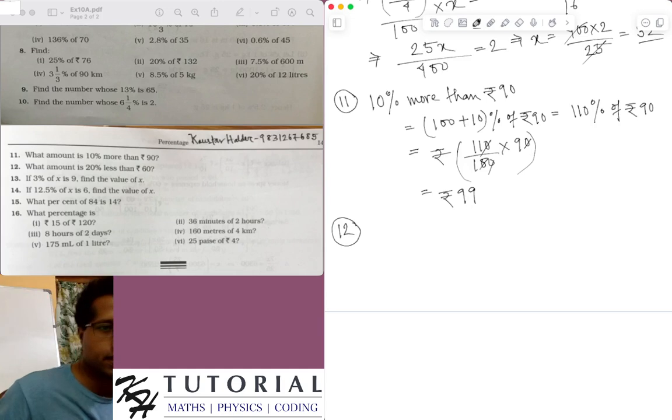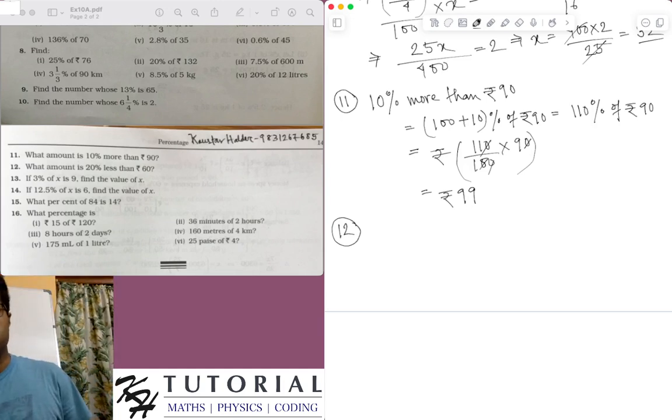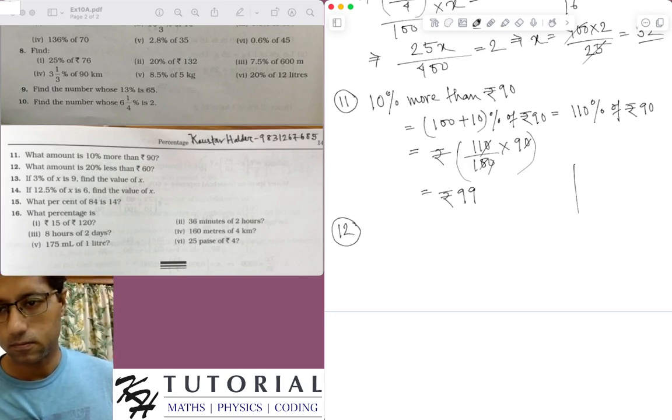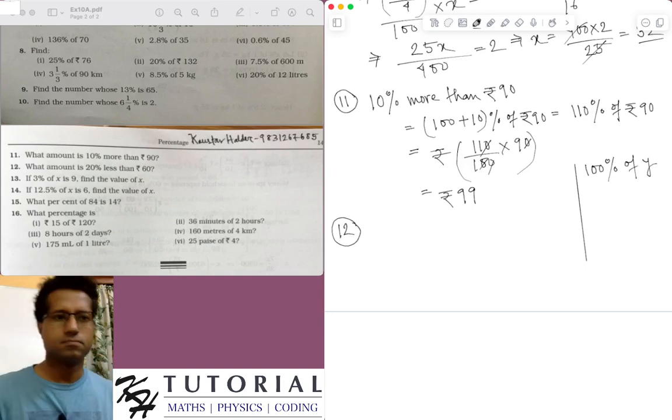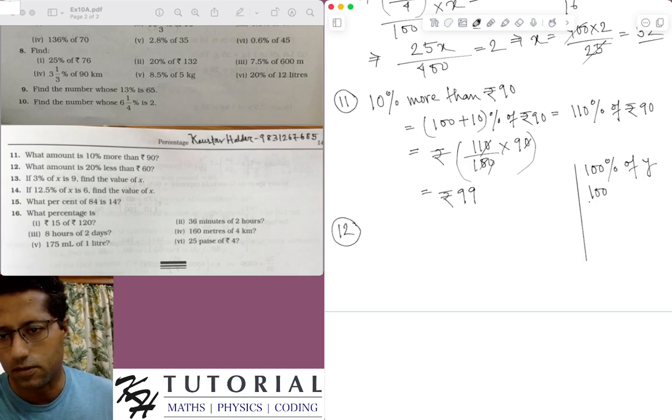So try to understand this. What is 100% of rupees 60? What is 100% of any quantity? 100% of y, definitely with common sense it is y, and mathematically also, 100% of y is 100 by 100 into y, which is y.